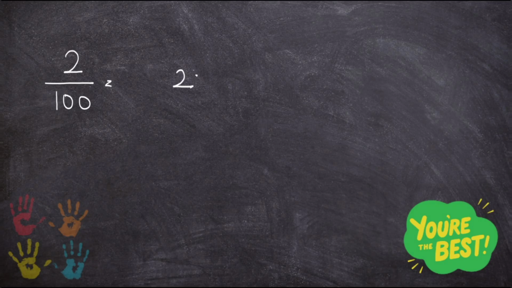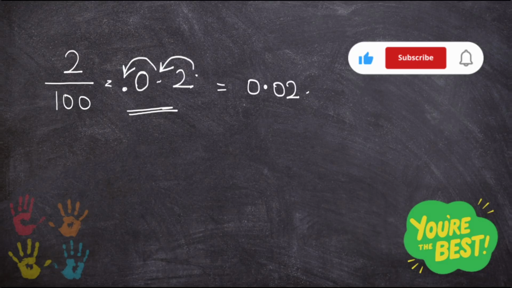So how many digits is it going to skip? 2 digits to the left. So 1 skipped. It is here now. Now it will skip one more. But what do you observe? There is no digit over here, right? So I am going to put a 0. And now finally where is the point? Over here. So the answer over here will be 0.02.